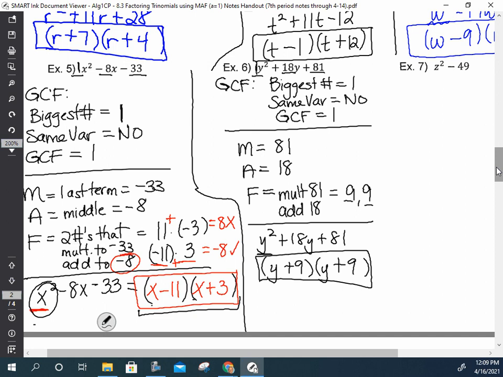They're the same. So there are two ways that we can write this answer. We can leave it like this, or we can write it as y plus 9 squared. You're taking something and multiplying it times itself. That's why you can write it as squared. Does it matter which way you give the answer? No. Either way works. Any questions? Example 6.